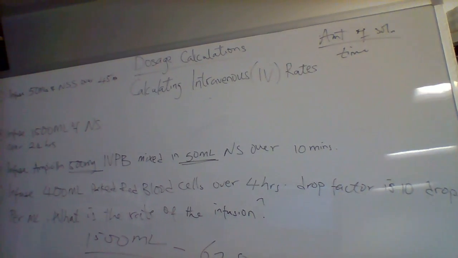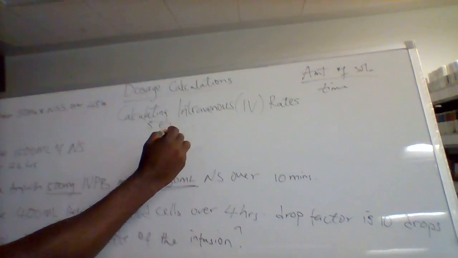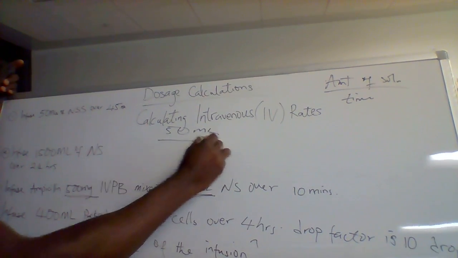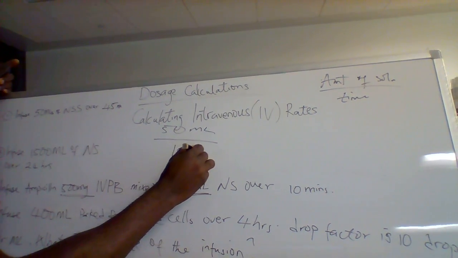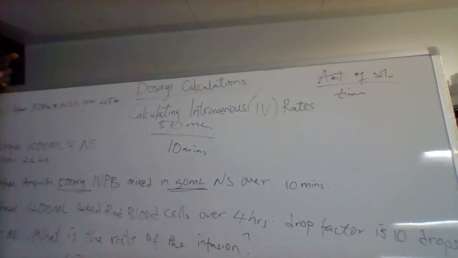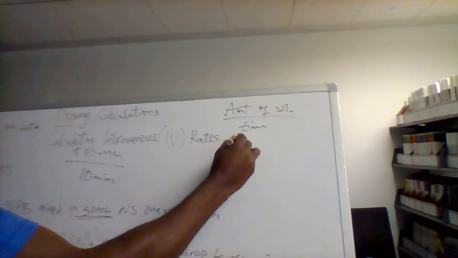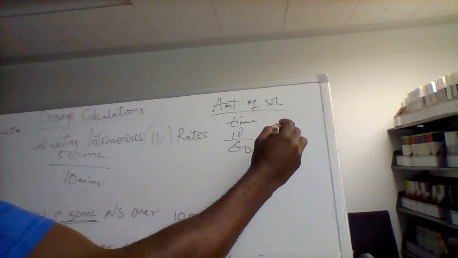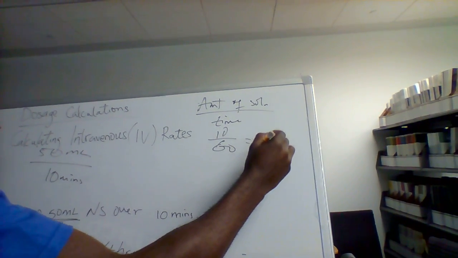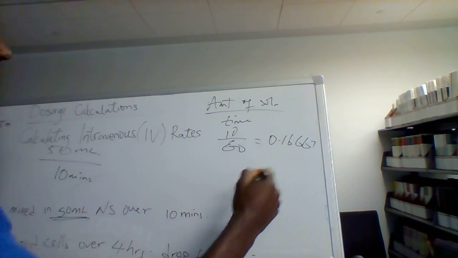To infuse over 10 minutes, it has to be 50 ml divided by 10 minutes. And since you have to get it in an hour, it has to be 10 divided by 60, which equals 0.1667.